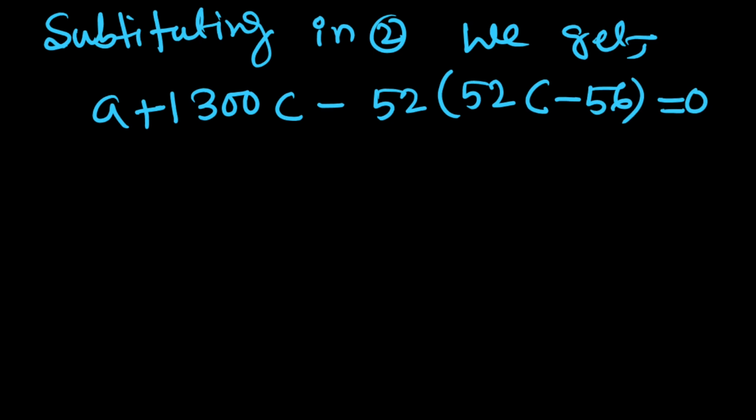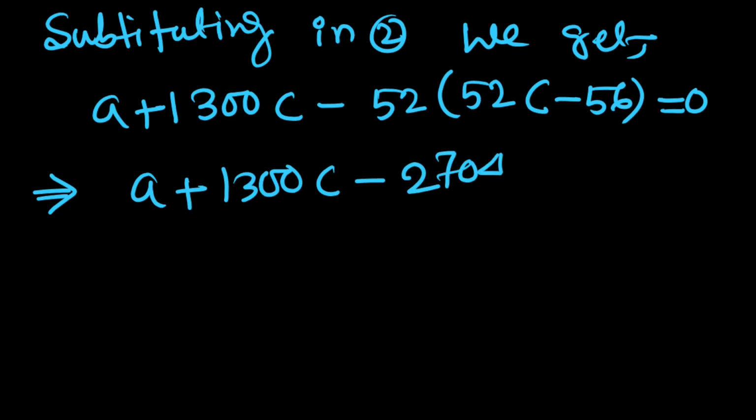Now calculate it very carefully, everyone makes a mistake here. So a plus 1300c minus 2704c plus 2912 is equal to 0.